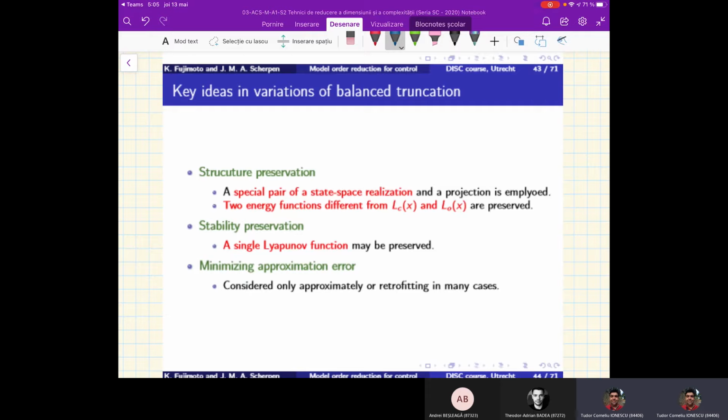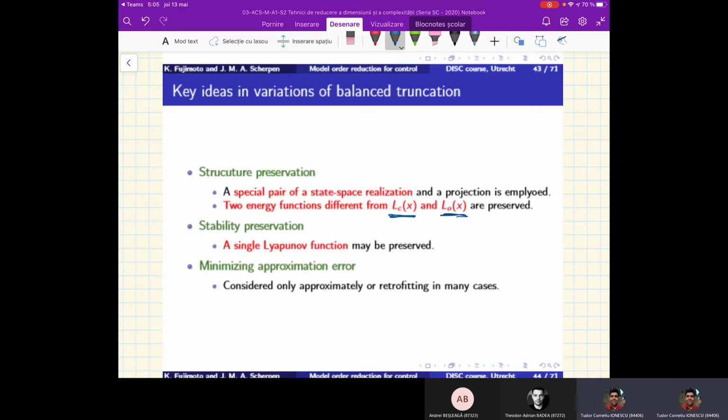Now we had as energy functions the controllability and the observability energy function, but they are not the only possible energy functions we can think of. Depending on properties of the systems, we can have other types of energy functions to be used for balanced truncation.